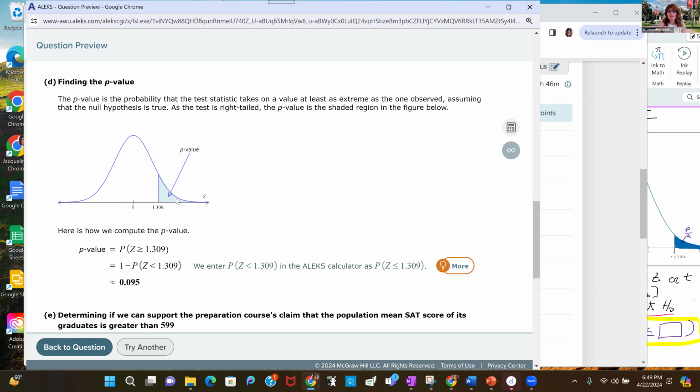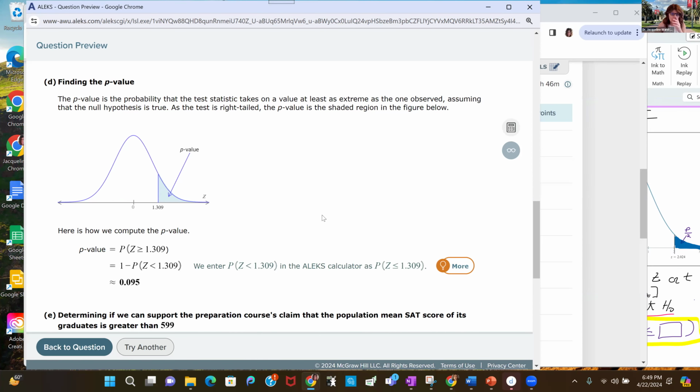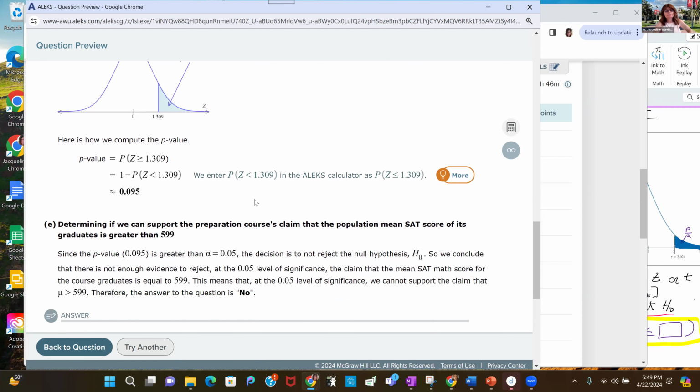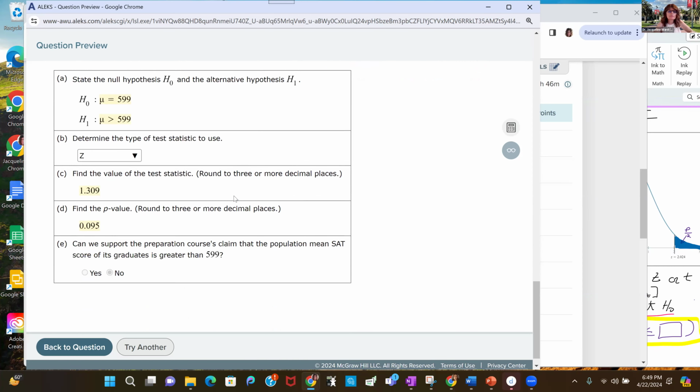So to get the area on the right, you subtract that from 1. That's the area from the left. And that's almost over 9%. It's greater than 5%, so no, we don't have enough evidence to reject.